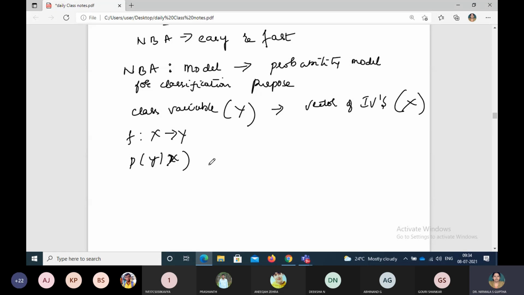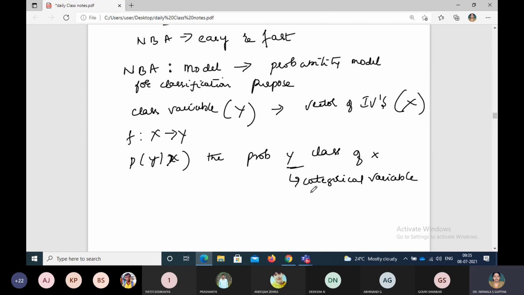It is the probability of y belonging to a certain class given x. Here y is generally assumed to be a categorical variable with two or more discrete values.